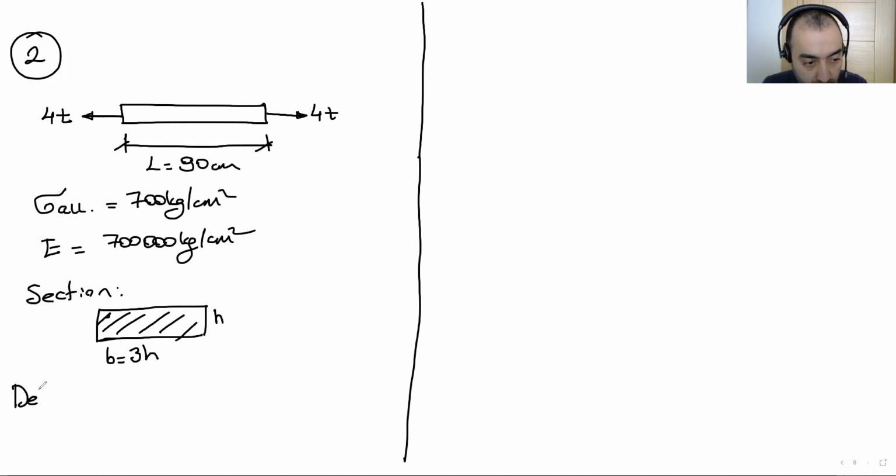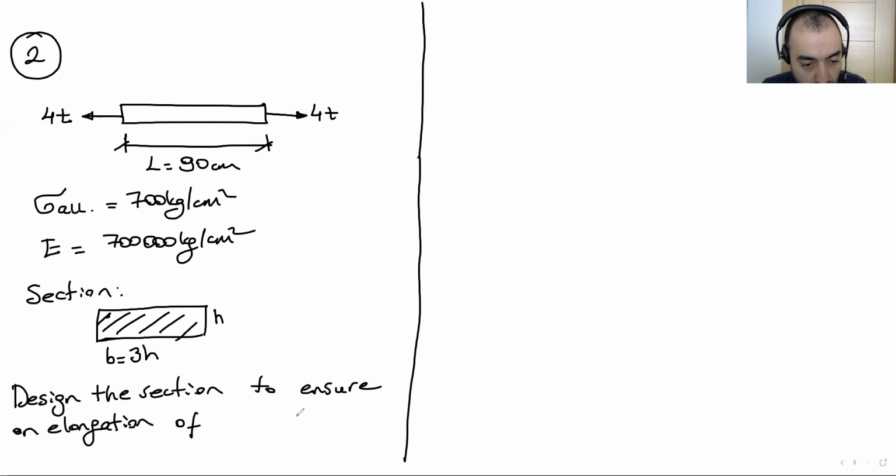The question is: design the section to ensure an elongation of maximum 0.8 millimeter.